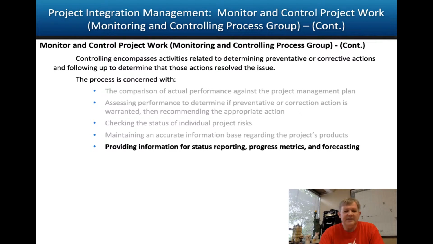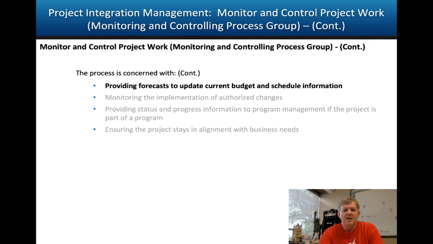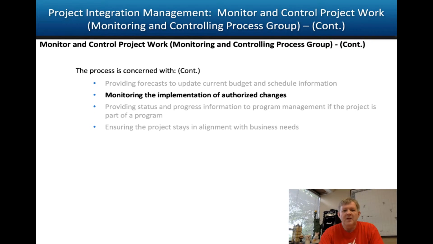So like I said, this is a good kind of generic baseline actual comparison process that helps us in a lot of areas. Now we also can provide forecast, update current budget, and schedule information, thus the ripple effect with what we see here. We can monitor the implementation of approved changes. These are changes that have been through the Perform Integrated Change Control process, which is our next video in this sequence.